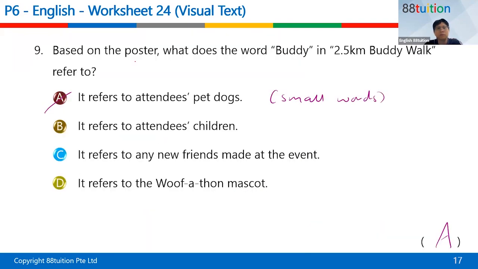Next question. Based on the poster, what is the word buddy in 2.5 kilometers buddy walk? In 2.5 buddy walk refer to, right? So it cannot be children, because they are actually doing this for furry animals, and the furry animal is actually dogs. New friends, no. Wolferton mascot, no. So if you go back here, we'll look at it.